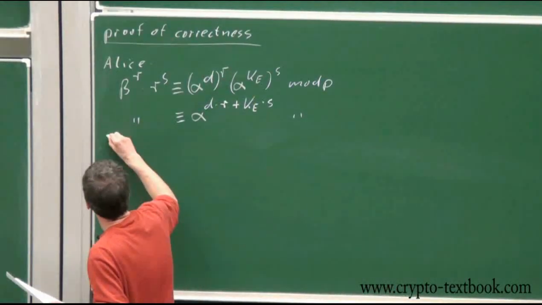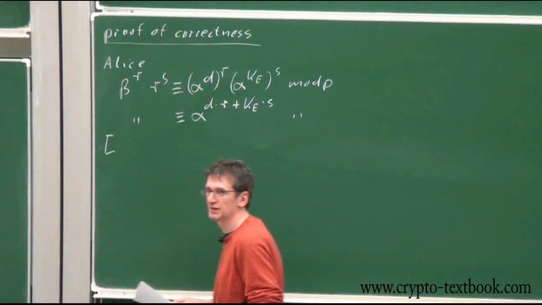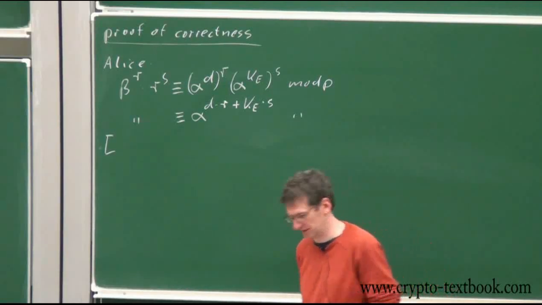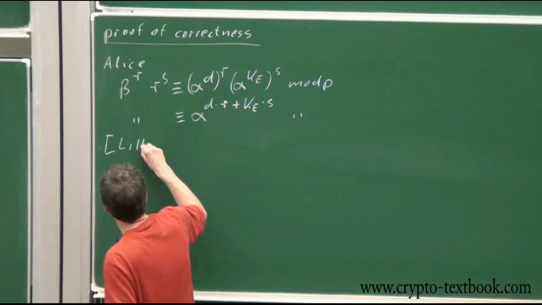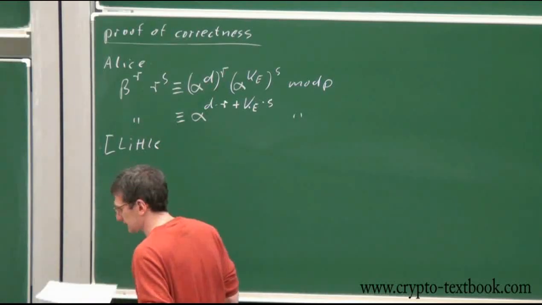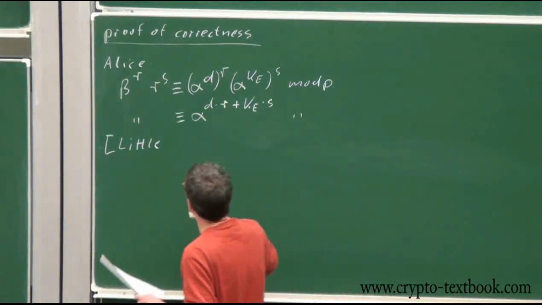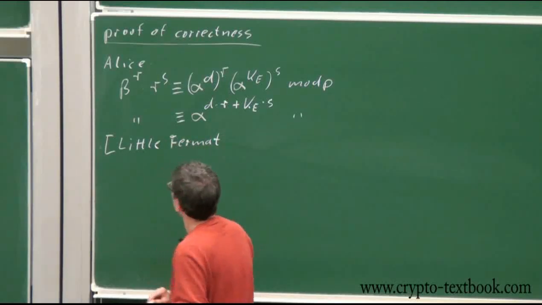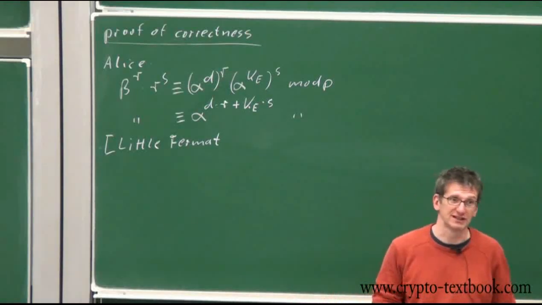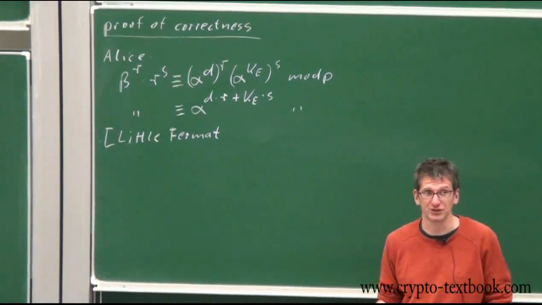Now a little intermezzo, Nebenrechnung, remark. Okay. What we need at this point is a theorem we had many weeks ago when we prepared ourselves for RSA. We had Fermat's little theorem, which I just call little Fermat, which sounds cute, niedlich, right?